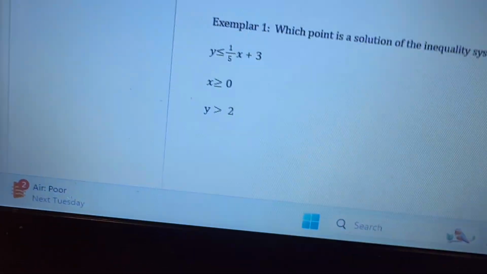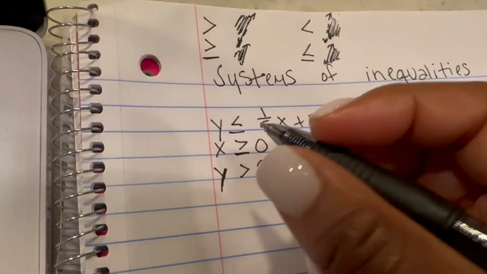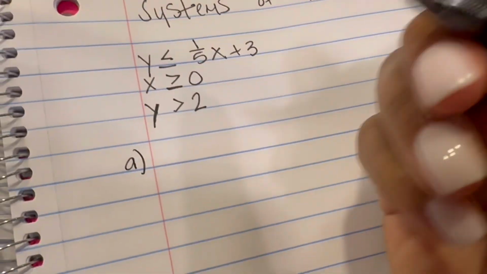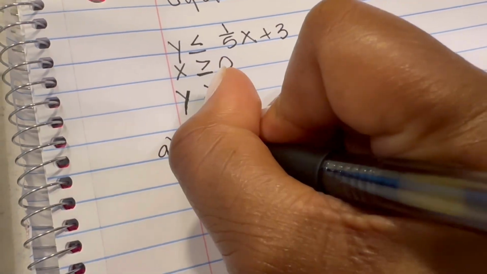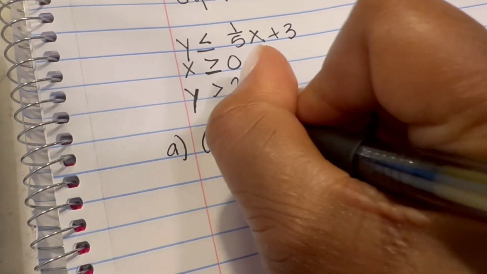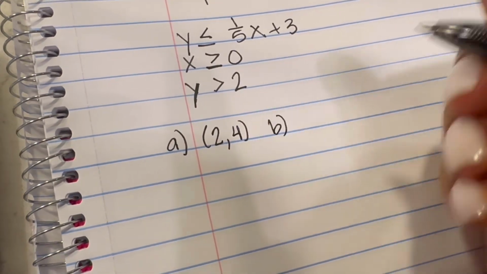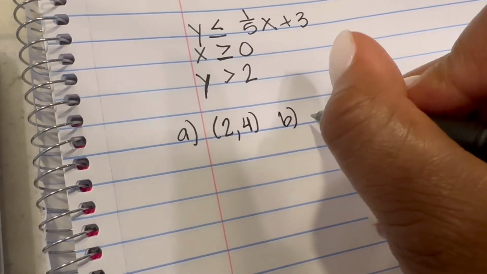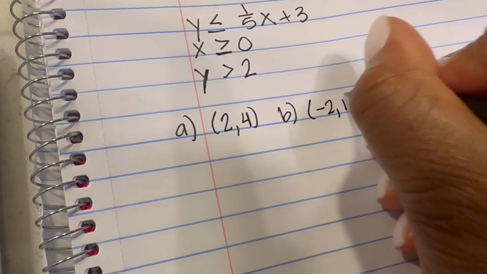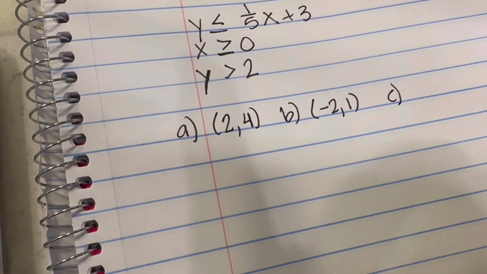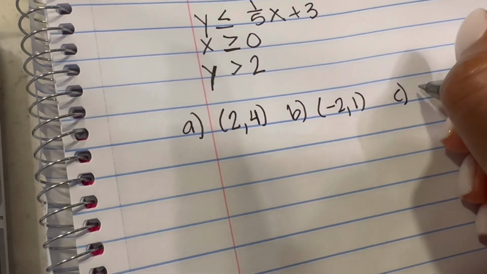So which point is a solution of the inequality system? So say you're given, for example, 5 different points. Say you're given, I'm making these up, 2, 4. You're given the coordinate -2, 1. You're given the coordinate 4, 2.